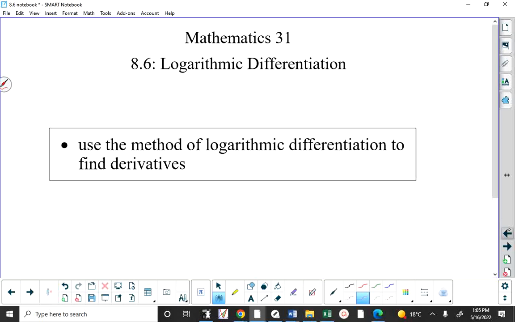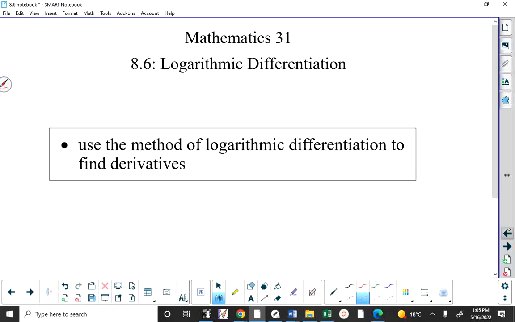You know how to differentiate natural logarithmic functions, base 10 logarithmic functions, and base any logarithmic function. That's not what this is about, although part of it involves differentiating logarithmic functions.